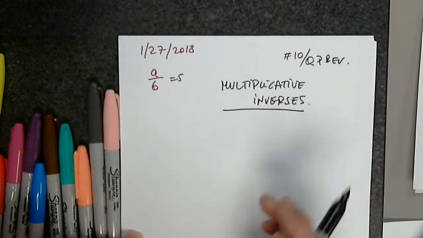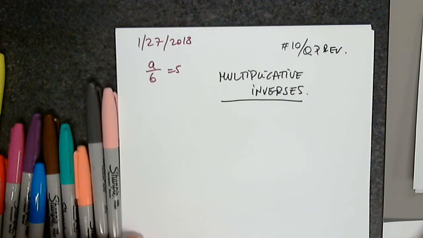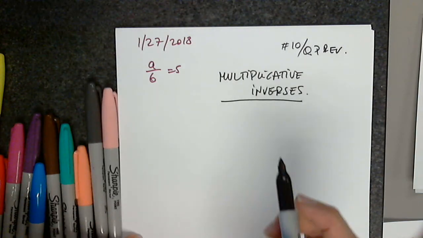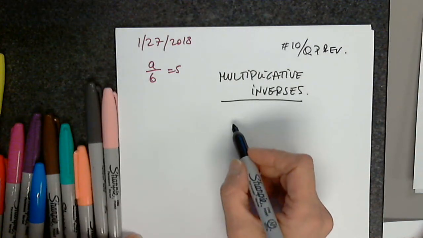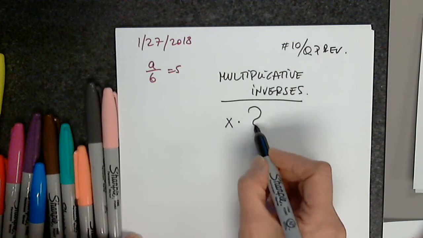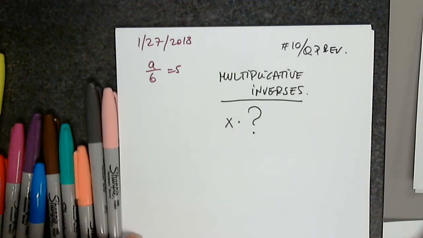What does that mean? It means that if I multiply a number, let's say number x, I have to multiply it by something to get 1.